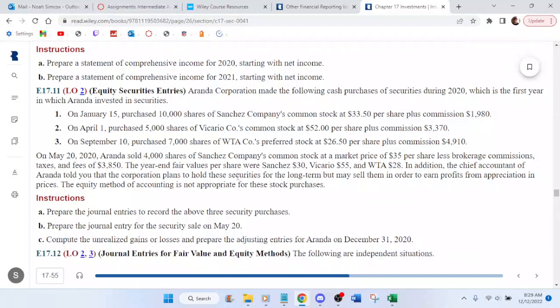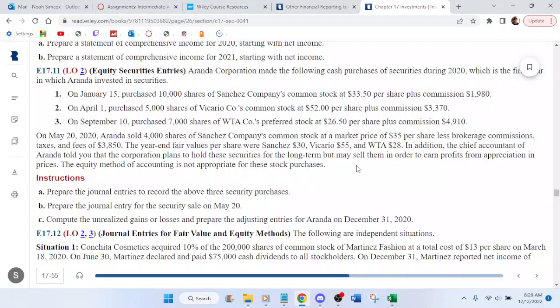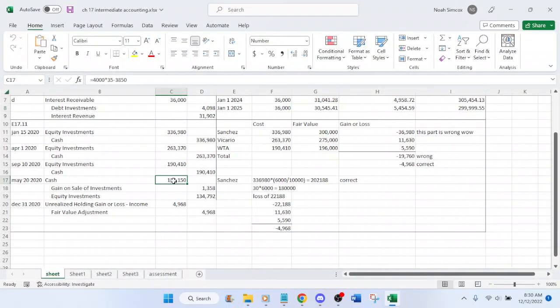Secondly, security sale on the 20th. So here's the thing about that one. They didn't sell all of the shares. They sold 4,000 of the shares. What I did was 4,000 times 35 minus the cost of selling.